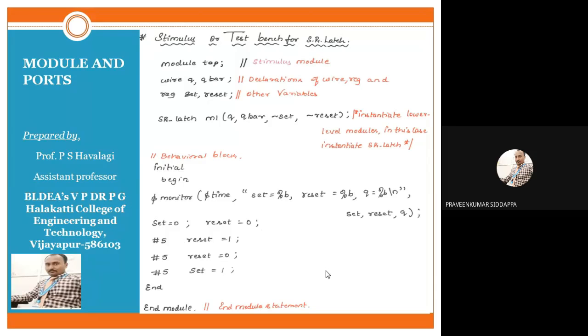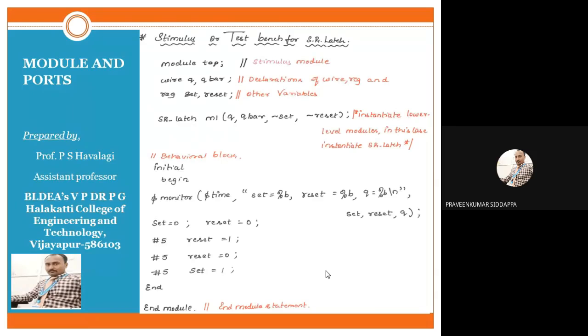So is that program correct or wrong? We have to check it. How will we check it? After getting the result, we will know whether it is an SR latch or some other program we have written. If you want to check the function of the SR latch, then we should write the test bench.